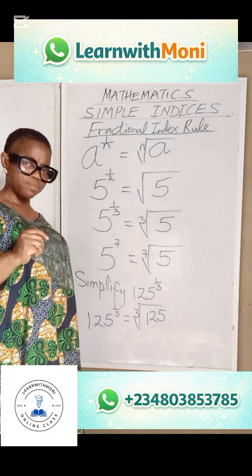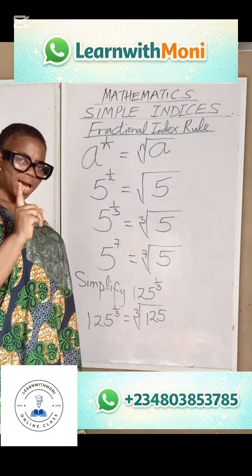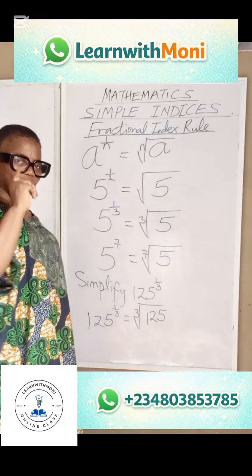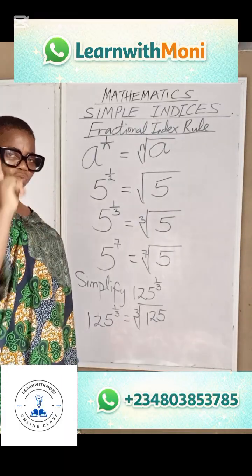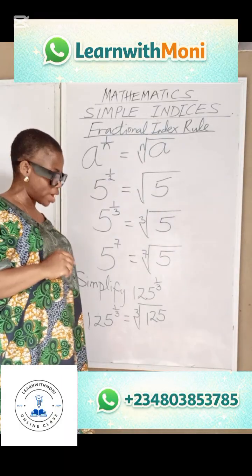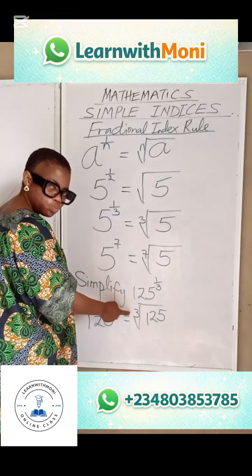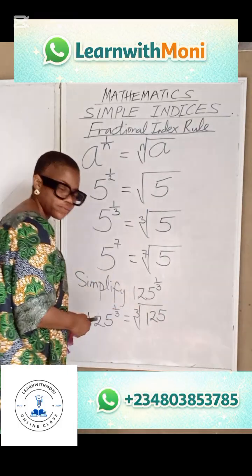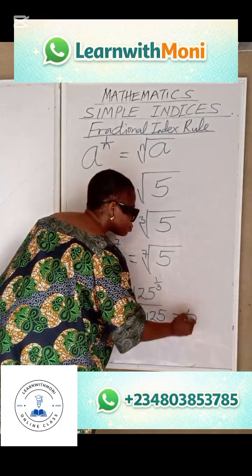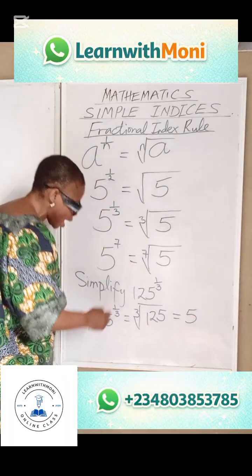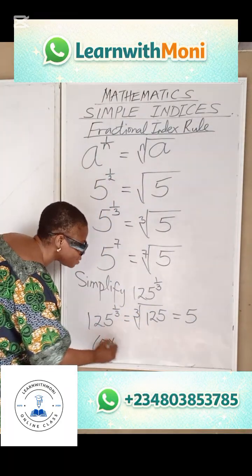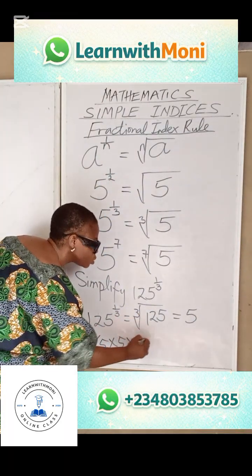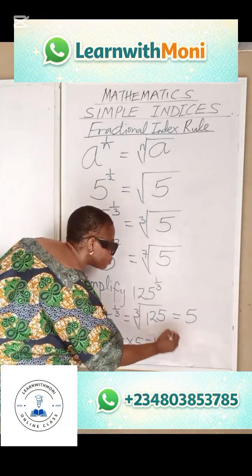Can you give me that number? That number is 5. 5 times 5 times 5 is 125. That means the cube root of 125 is 5, because it is only 5 that will multiply itself 3 times to give 125.